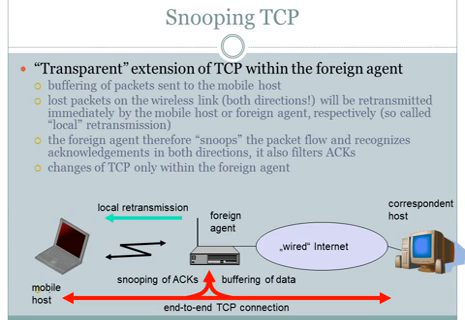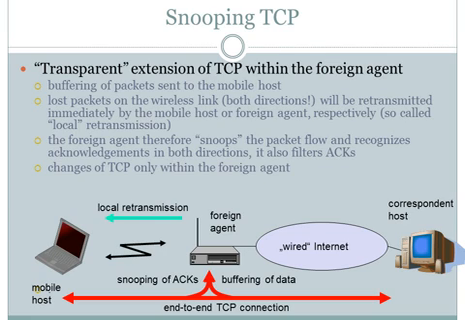Now you can simply understand that if you can modify the foreign agent to listen to both acknowledgements at a time, from the fixed node as well as the mobile node, then it can decide that if both acknowledgements are successful, then probably the packet has been successfully transferred from this end to that end. That is exactly the concept behind snooping TCP.